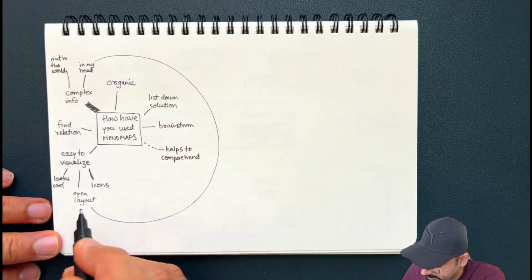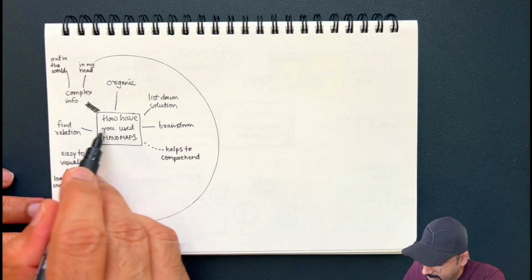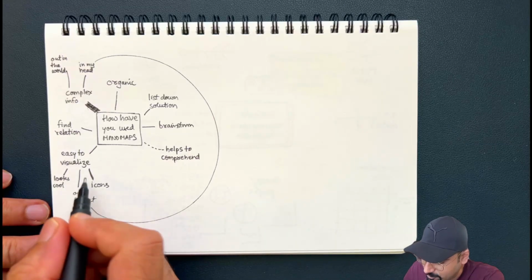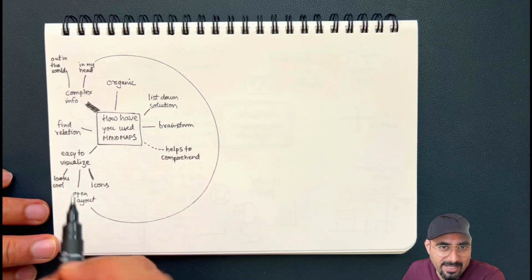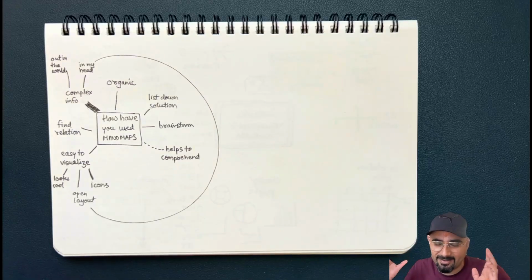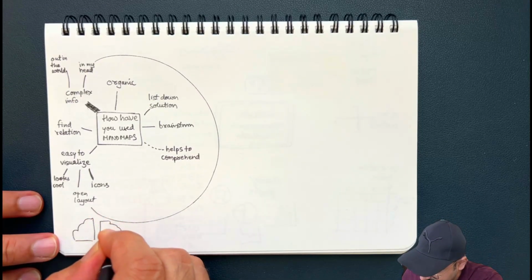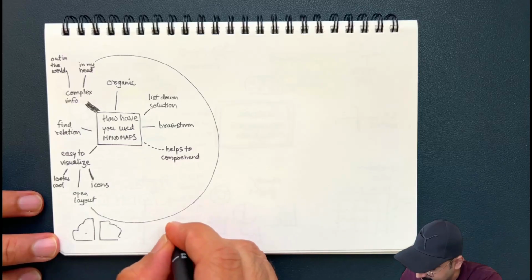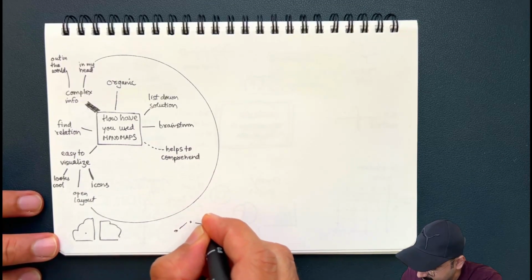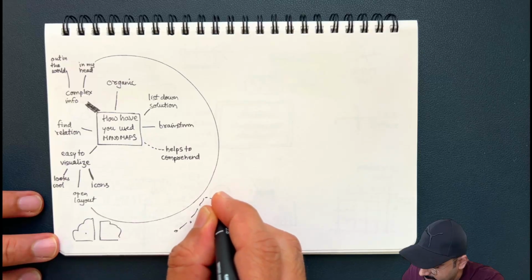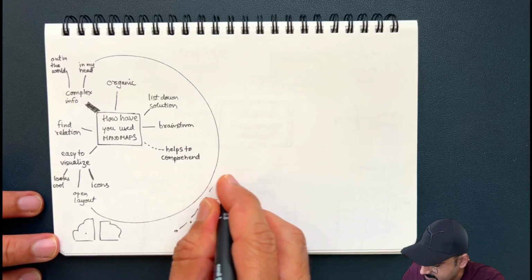I have used mind maps in open layout in my head also, and that's how we think, because that's how our brain is structured, right? It has neurons which are connected, and it makes totally unrelated connections.